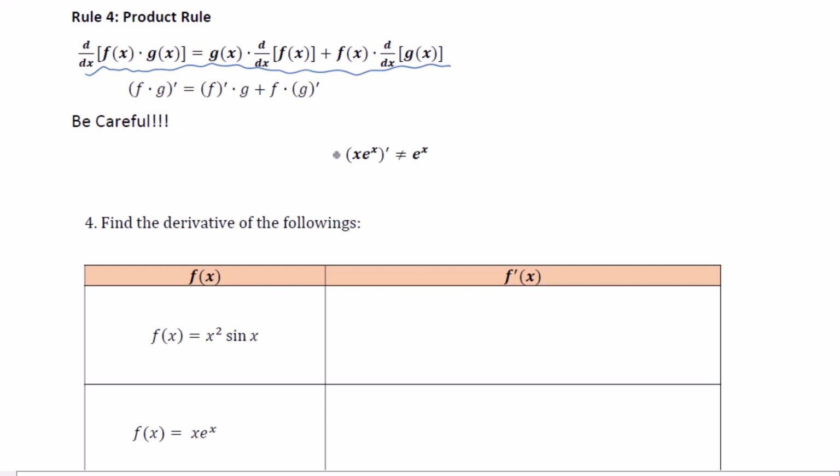Be careful, (x times e to the x power) prime is not equal to e to the x power. In other words, the derivative of f times g is not equal to f prime times g prime.